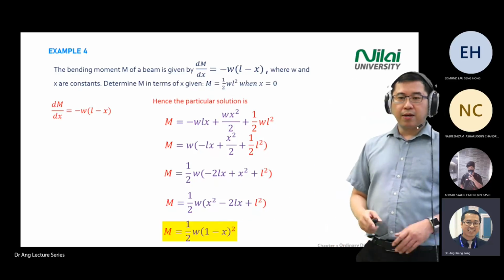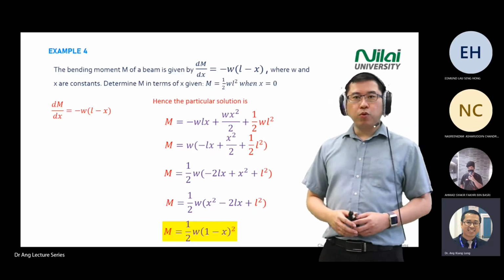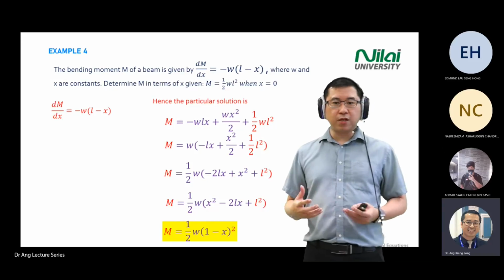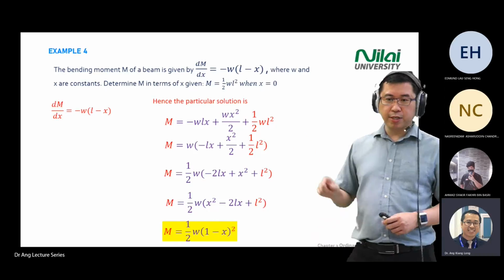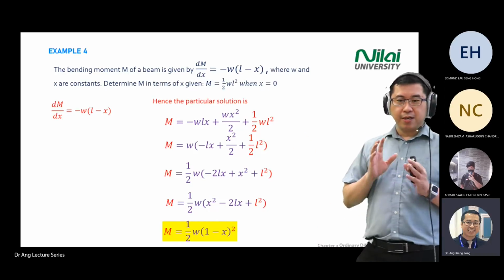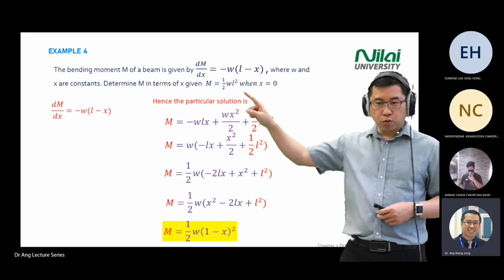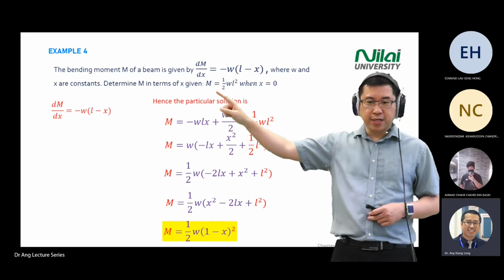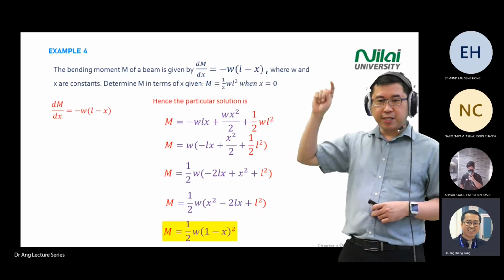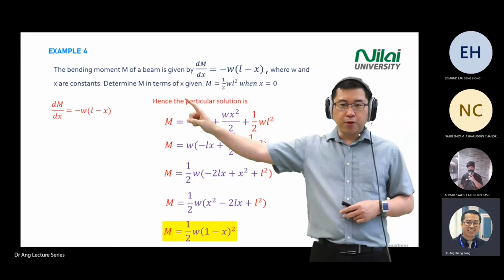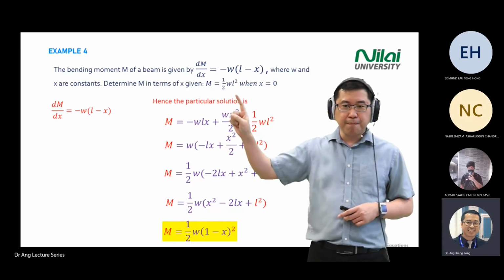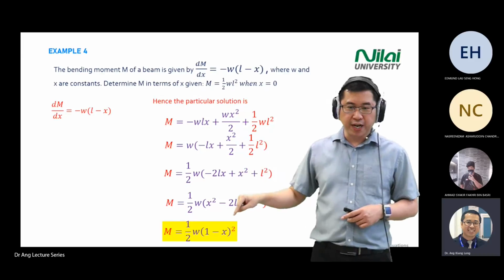So how do you know what kind of form the exam needs you to answer in? In the exam, if you give me this one, I will still give you correct. If the question continues to say, put your answer in the simplest form, then you need to factor.